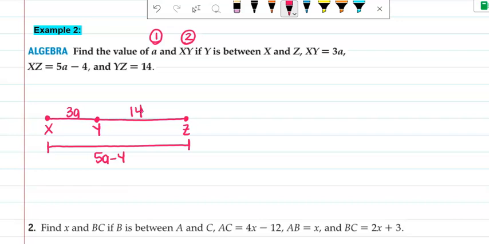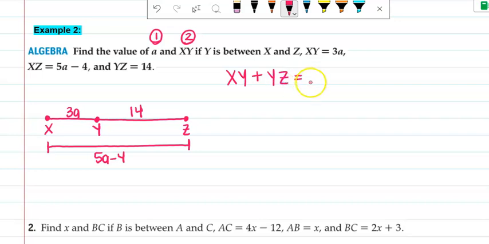The only difference is now we have a variable in there, which we're going to have to solve for first. And we had to draw the picture for ourselves. So remember, if we add up all the pieces, we will get the whole. So if we want to start with writing the equation, we can. The pieces would be XY and YZ.